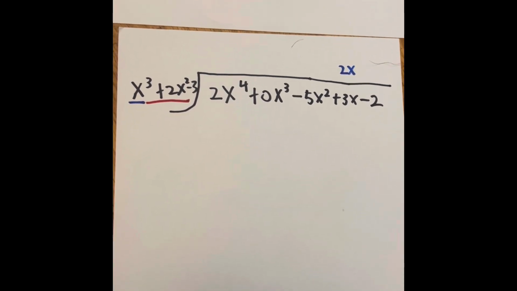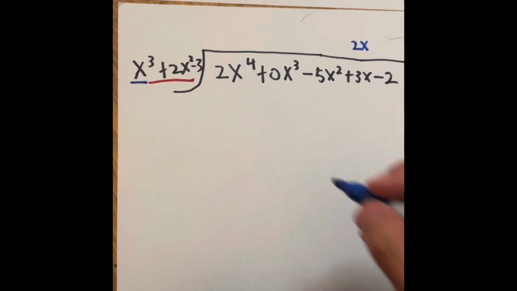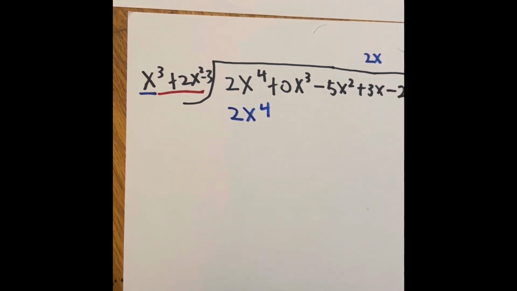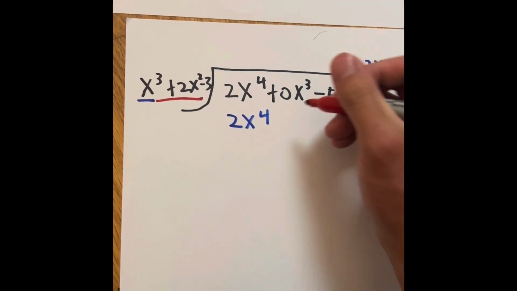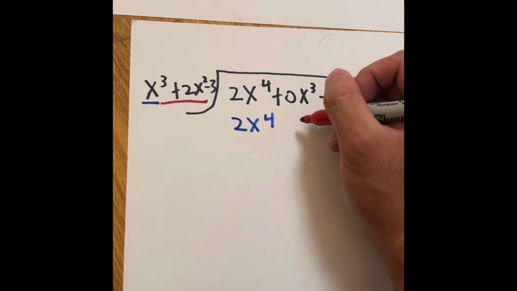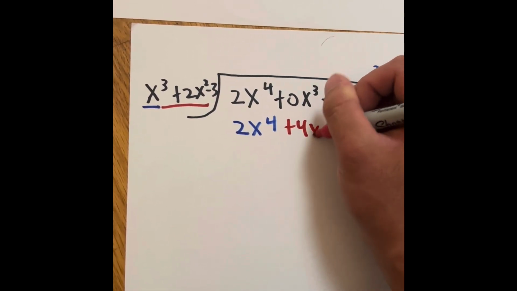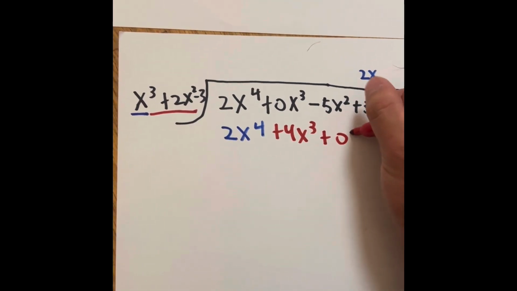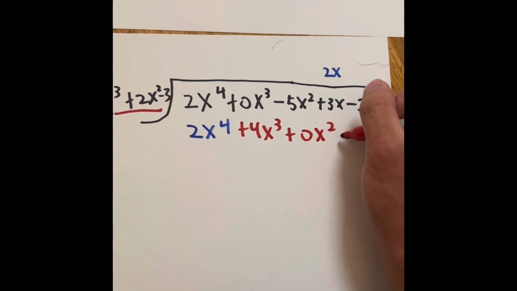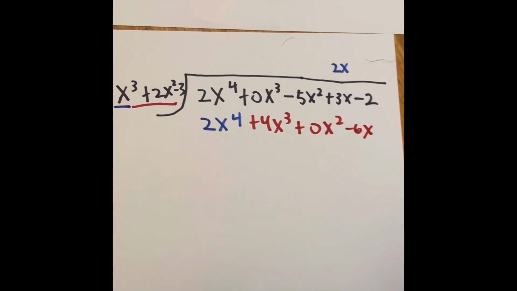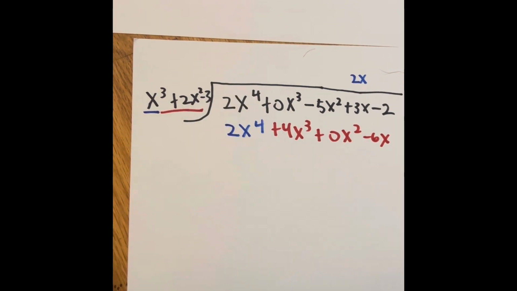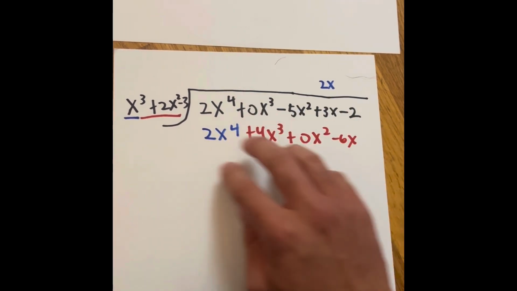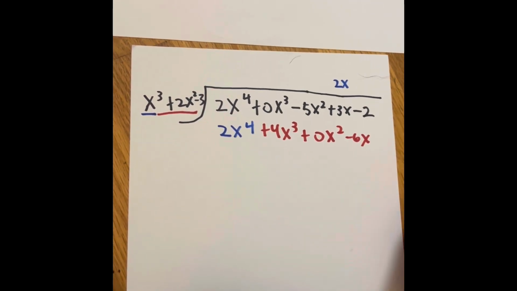So we have, of course, the 2x to the power of 4, but then when you apply 2x times that, plus 4x to the power of 3 plus 0x to the power of 2 minus 6x. So that is what's going to happen when you multiply this by that. So what we can do now is drain all this math to get it to 0, so it would work out.